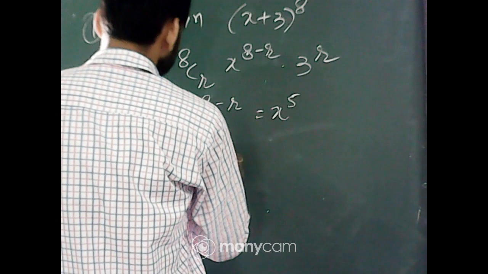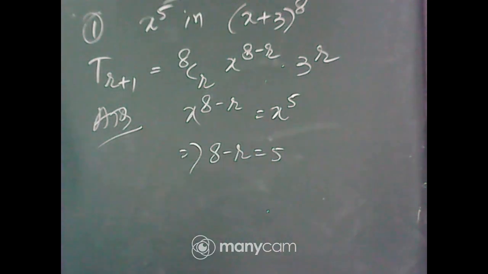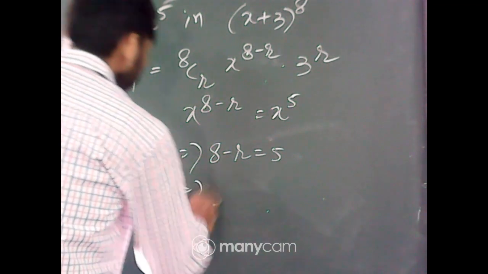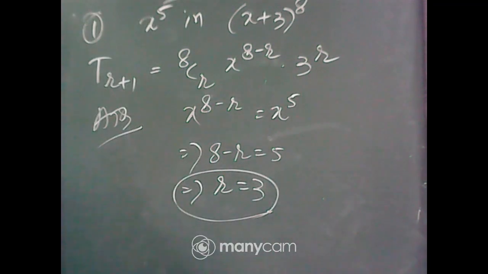That is, 8 minus r equals 5, that means r equals 3. Now just put the value of r, you will get the result.